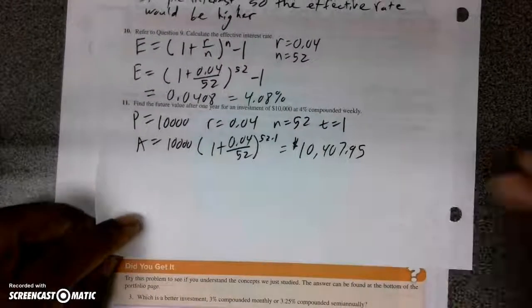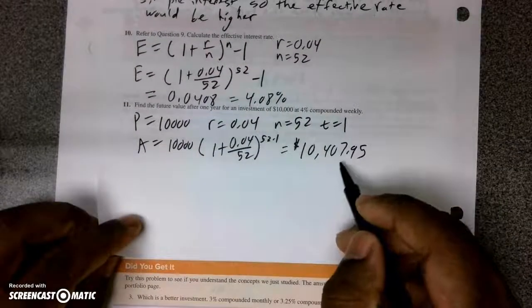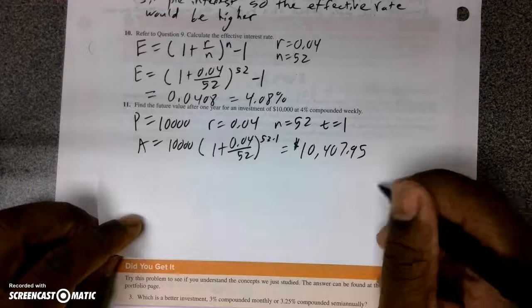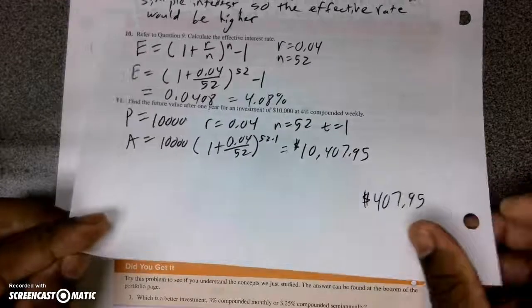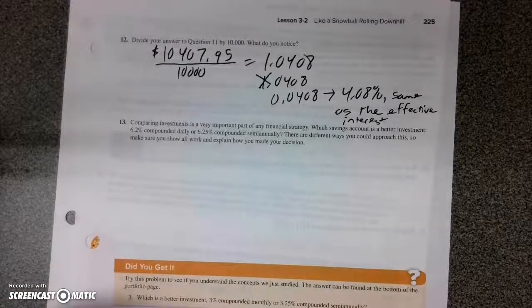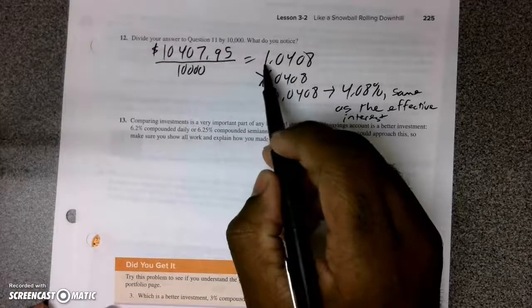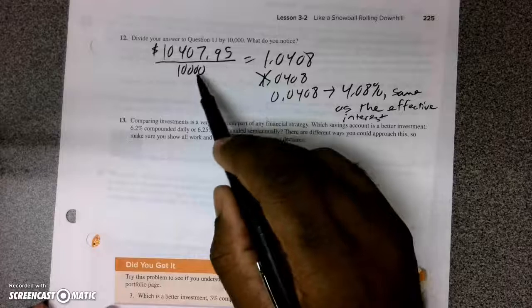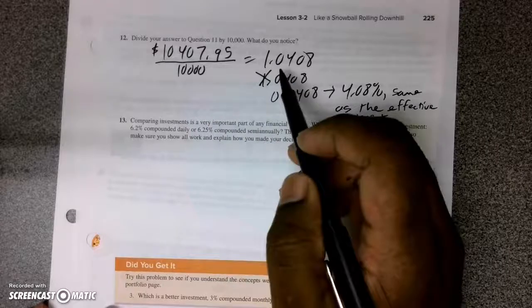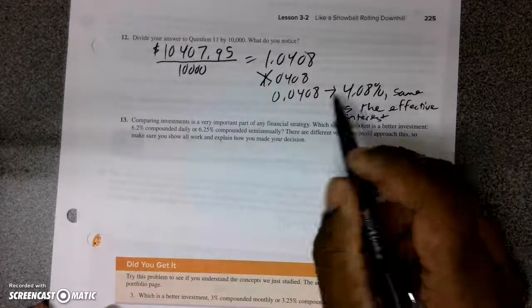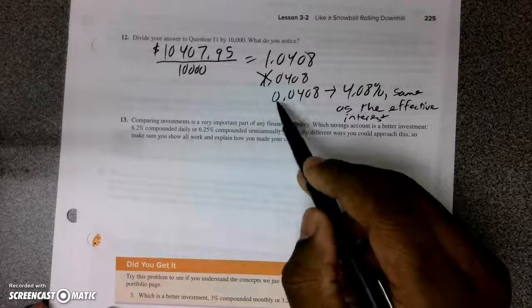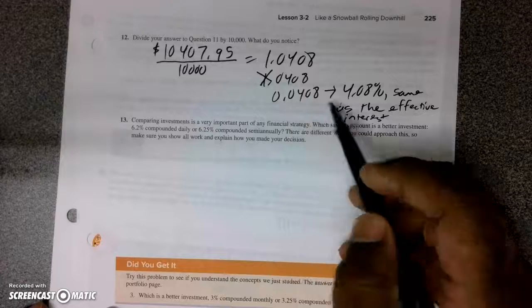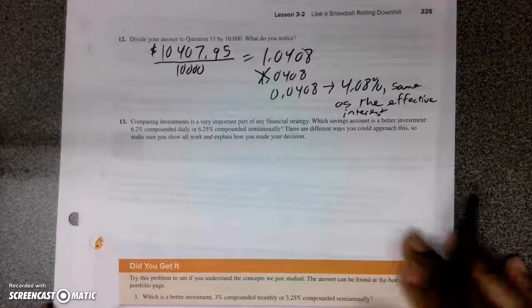If you look at problem number 11, your actual interest from this problem was $407.95. Now, when we get over here, by putting that 1 in front of the decimal, that would mean we would have 10,000 plus the interest we got on the previous page. So that is why the 1 is in front. But if we just wanted the interest, this would be the interest rate here.